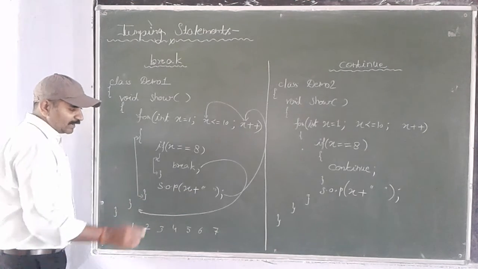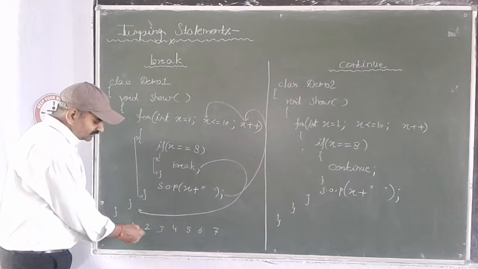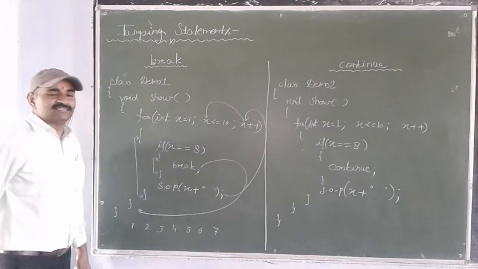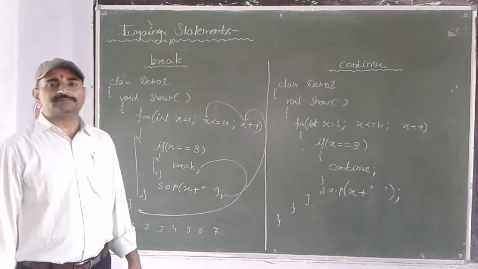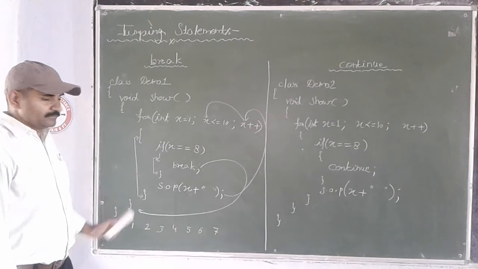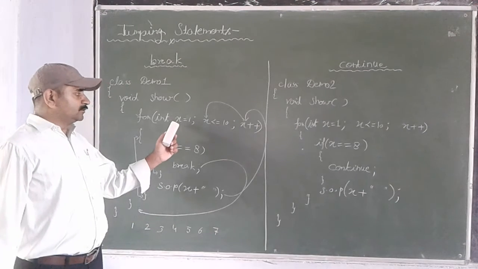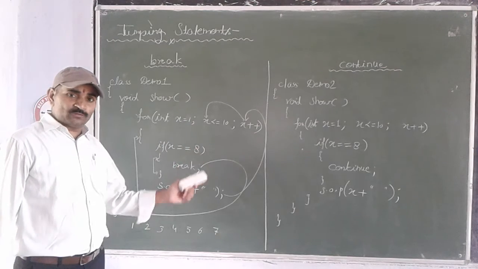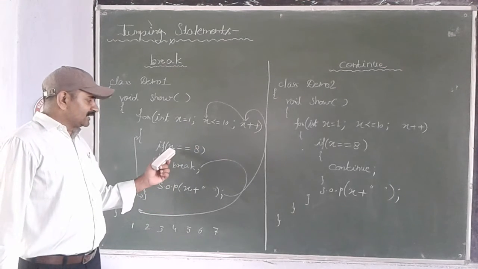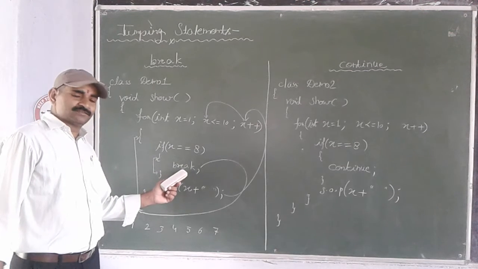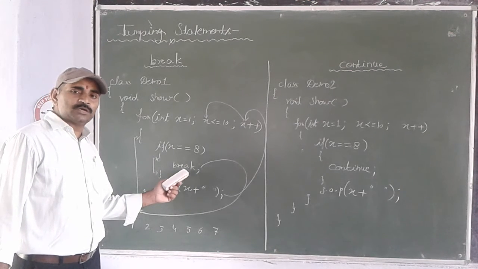So the output is 1 2 3 4 5 6 7. This is the working of break statement in this example. However, loop is defined for 10 times, 1 to 10. But meanwhile, if condition is given, if 8 is equal to 8, then break statement will play its role.